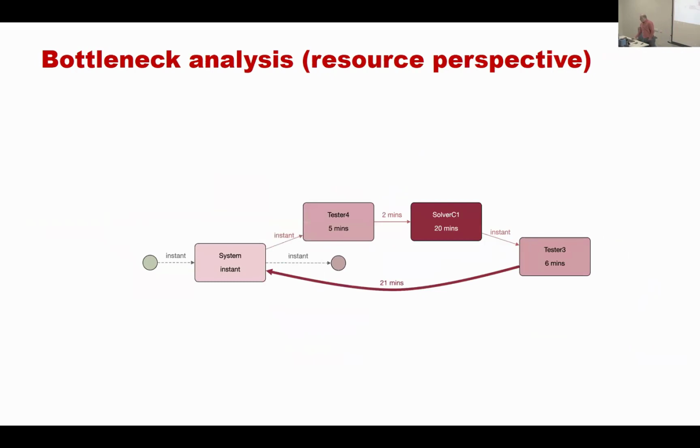It's also very useful to switch to the resource perspective and to redo the bottleneck analysis in order to find specific resources that are causing bottlenecks. And again, I can classify them into resource processing bottlenecks. These are the resources that are doing the largest amount of work.